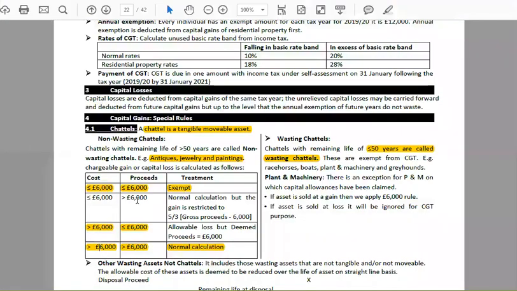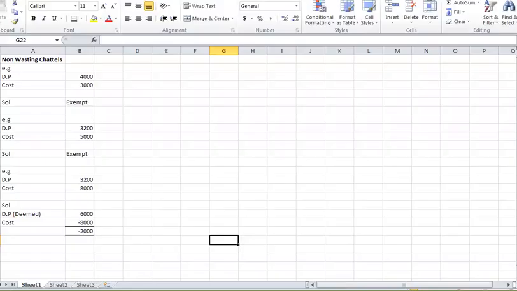In the last case, vice versa. If cost is less than £6,000 and selling price is more than £6,000, what will happen in this situation? What are the accounting implications in this case?